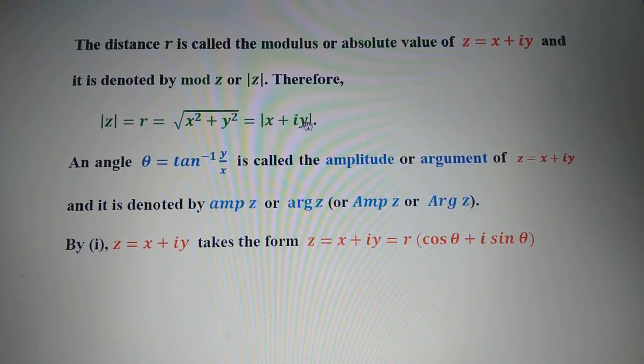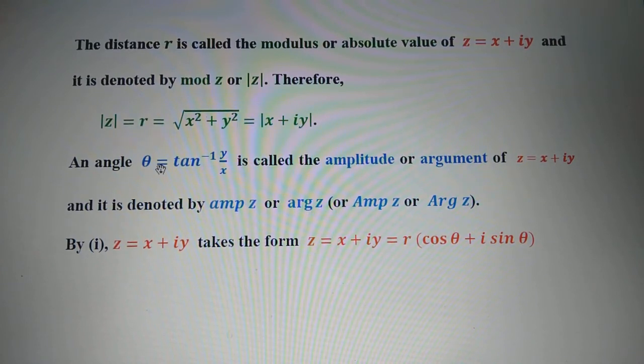So mod of x plus iy, or mod z, or r, or square root of x square plus y square, is called the modulus of z, where z is x plus iy, and that is equal to r.